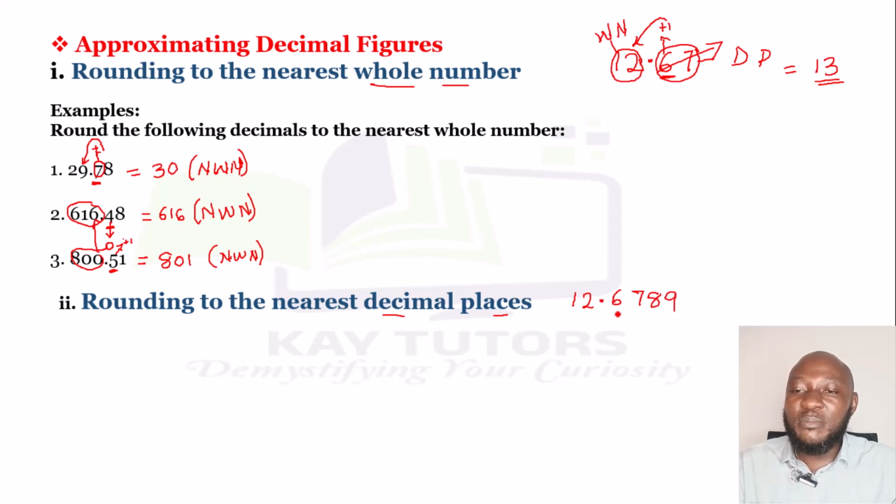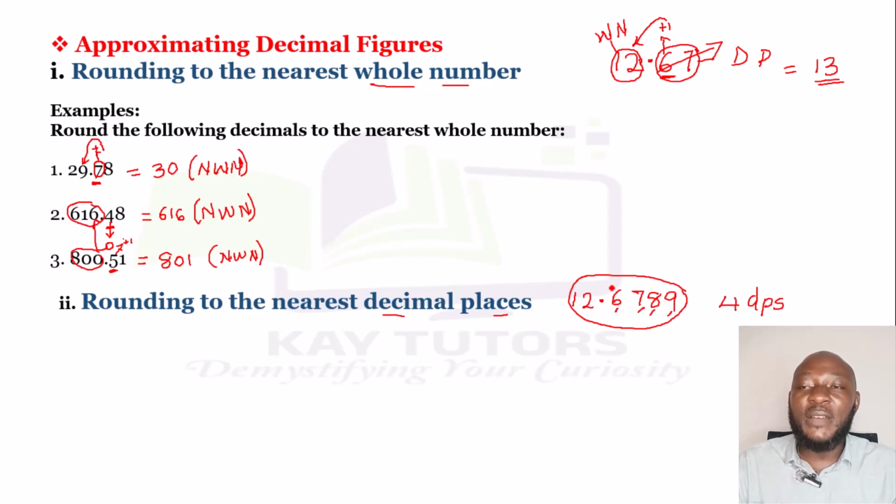After our decimal point, how many digits do we have? We have 1, 2, 3, 4. So this number has been written to 4 decimal places. Why? Because it has 4 digits after the decimal point.